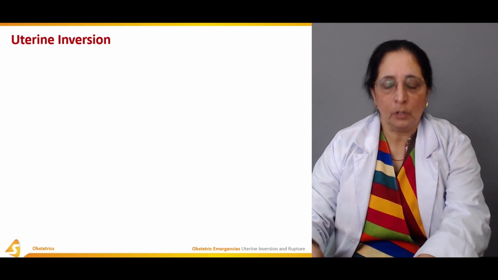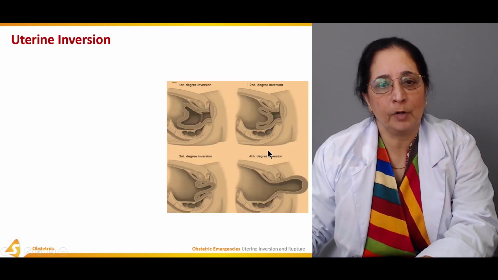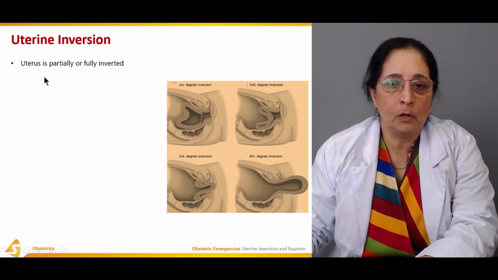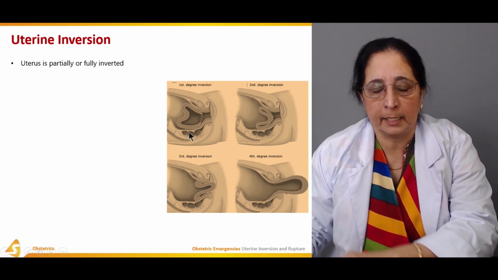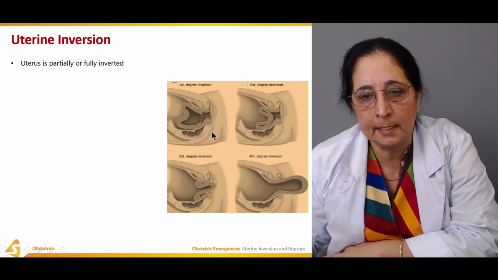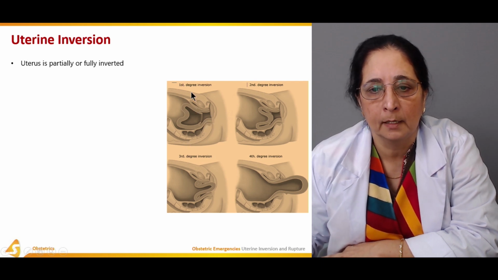So inversion of the uterus, or uterine inversion. The uterus is partially or fully inverted. These are the different degrees or types which are explained in these 4 diagrams here. This is first degree uterine inversion.